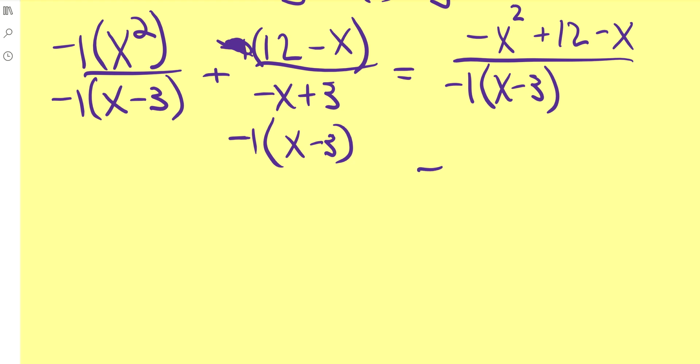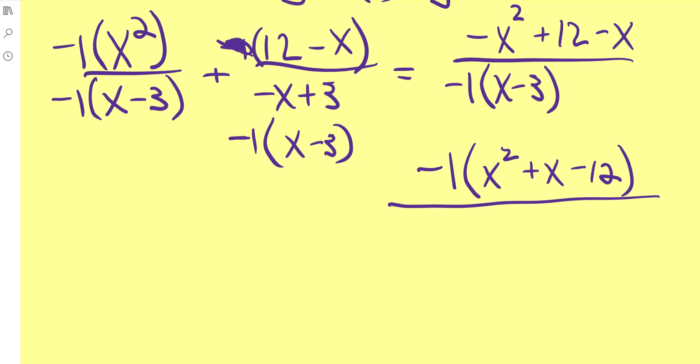When I put back what's left over, I've got x squared, and then the x next: negative x divided by negative 1 is positive x. And then 12 divided by negative 1 is negative 12. Okay, and that's all going to be over negative 1 times x minus 3.